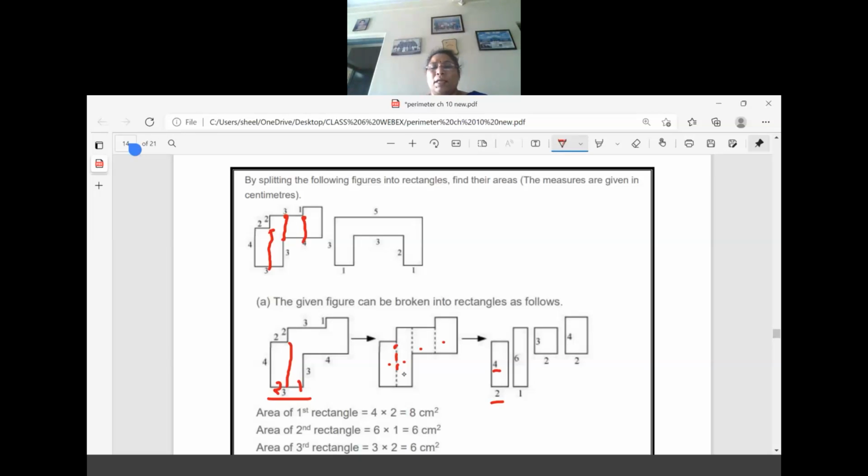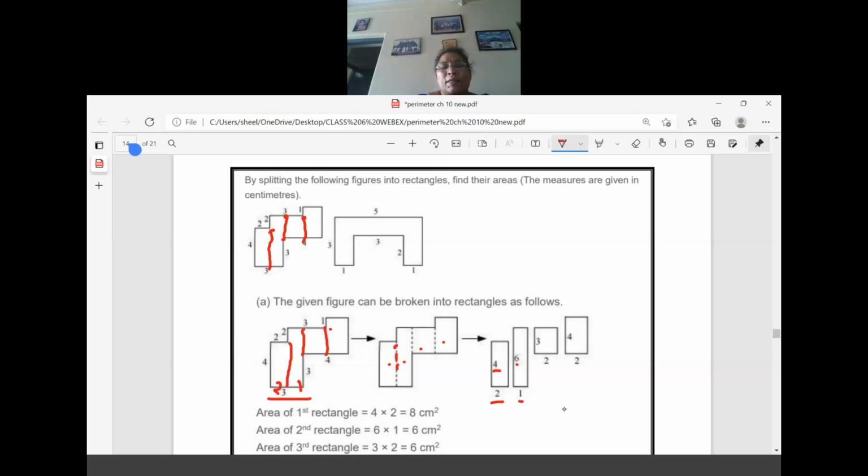Next rectangle. What happens to the next one? This 4 plus 2 is 6, so we have 6 and 1. So the second rectangle has length 6 and breadth 1. Now another rectangle, where we get the break.